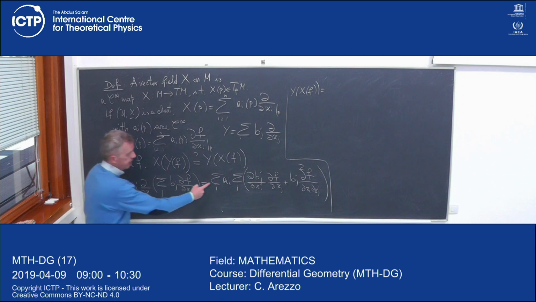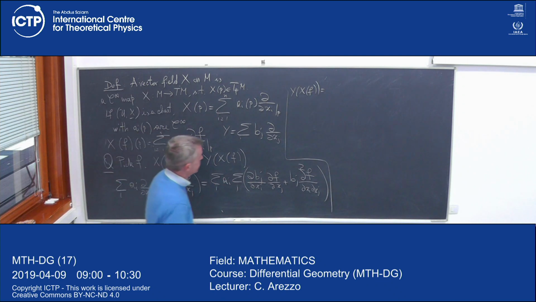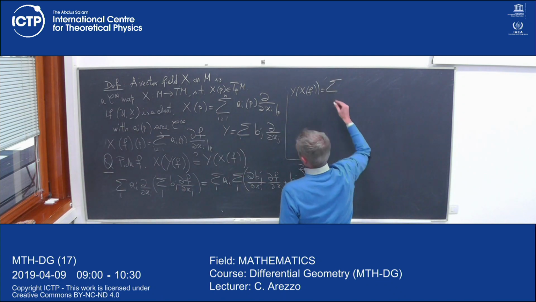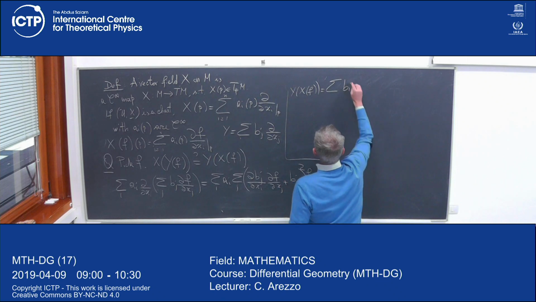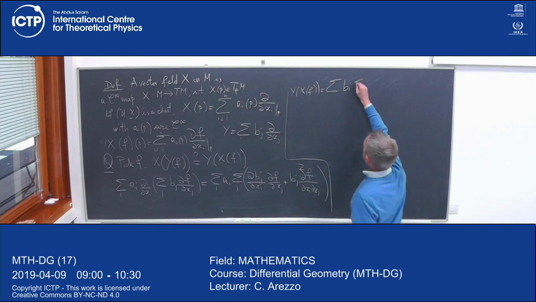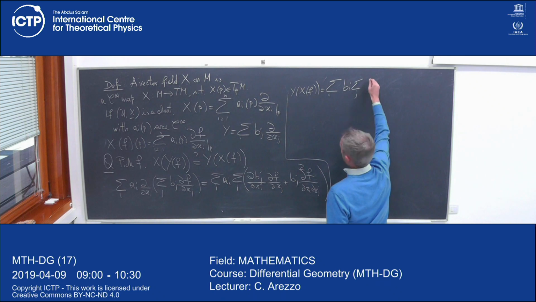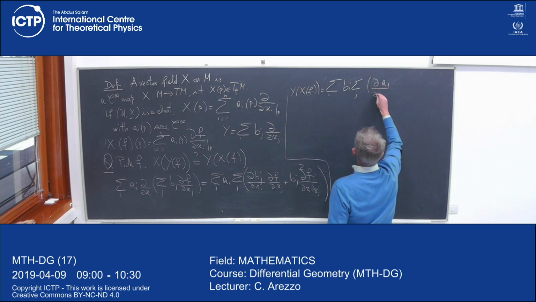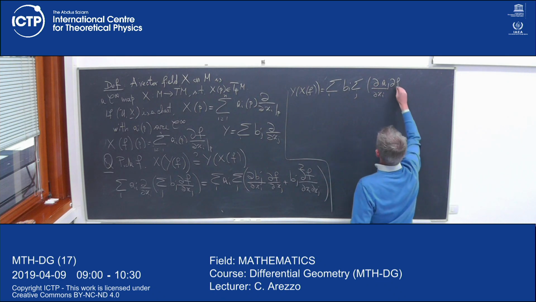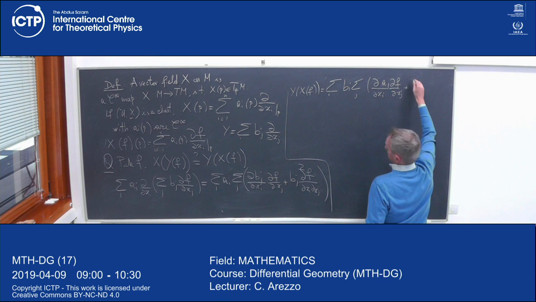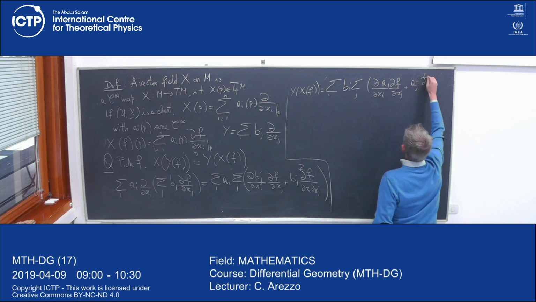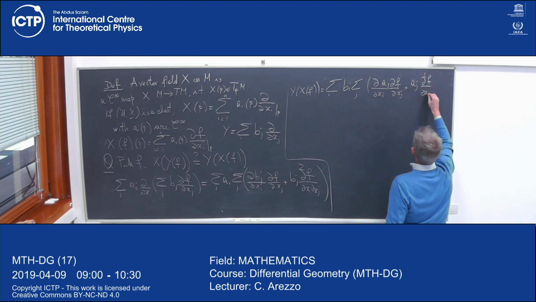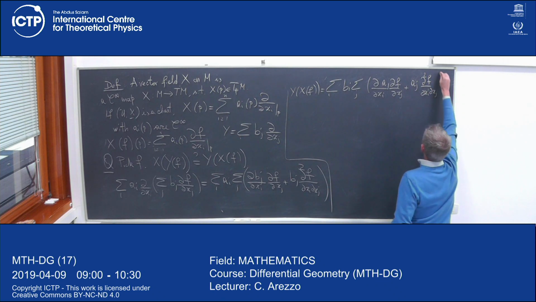So let me write down directly the answer. The answer is the sum over i, sum over j of the partial derivative of aj, dxi, df/dxj, plus aj second derivative of f, dxi dxj.